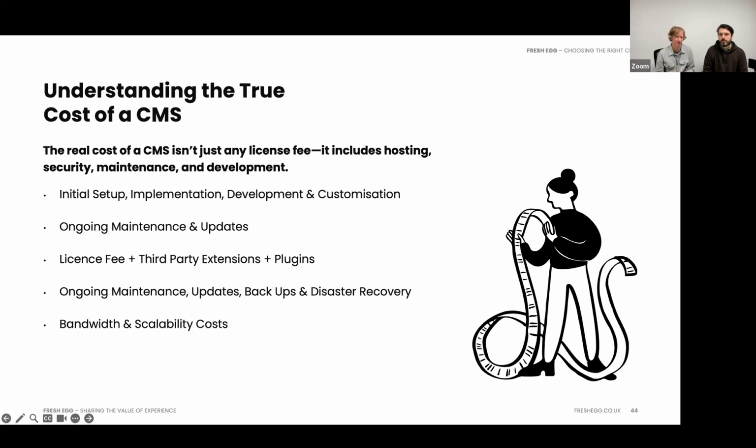Are they free? What's the ongoing cost of those? Do they change with how busy your site gets? It might be really great that it's free for a certain amount of users, but once you get past a certain amount of usage, the cost can spiral. So it's not one or the other, it's thinking about all of these things. Bandwidth and scalability come into play here again.